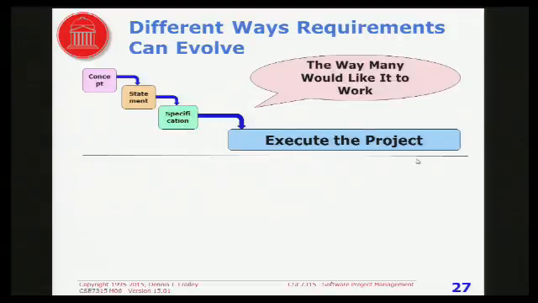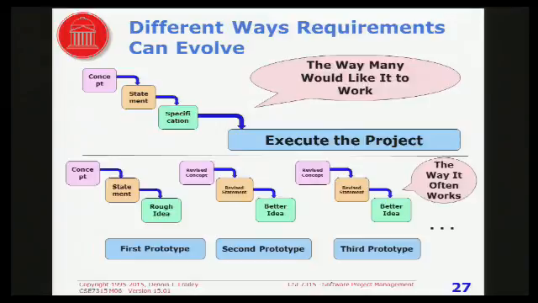Except that that is not the way it usually works. What usually happens is you go through that process over and over and over again. And the reason is because it takes a long time in most cases to figure out what the requirements really are for software.